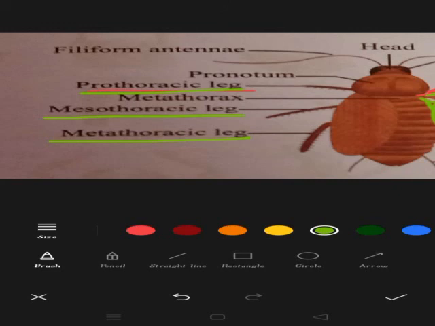The leg segments are coxa, trochanter, femur, tibia, and tarsus, which consists of five jointed tarsomeres.